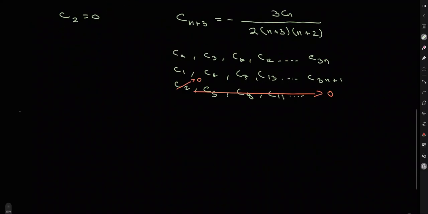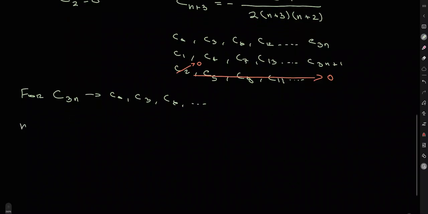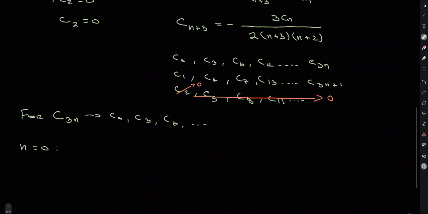In other words, for c sub 3n, that is c sub 0, c sub 3, c sub 6, etc. Okay, let's compute for n equals 0. So for n equals 0, where's our recurrence relation? Keep in mind our recurrence relation.